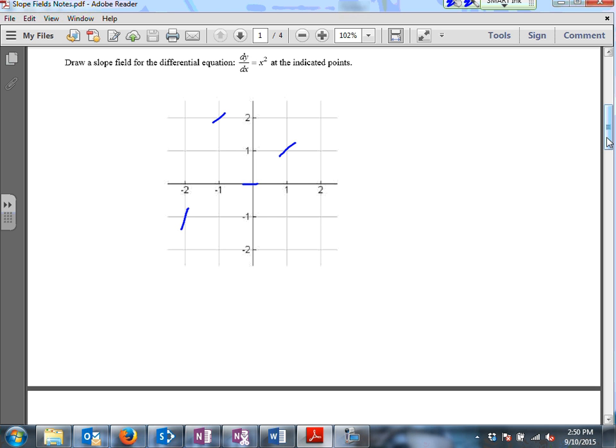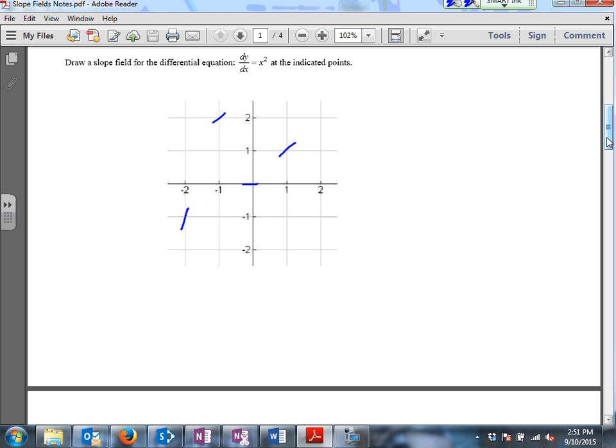This differential equation only relies on what variable? X. So what's going to be true about our graphical representation? I would not use the word symmetrical. The Y's don't matter, the Y's aren't affecting these slopes.